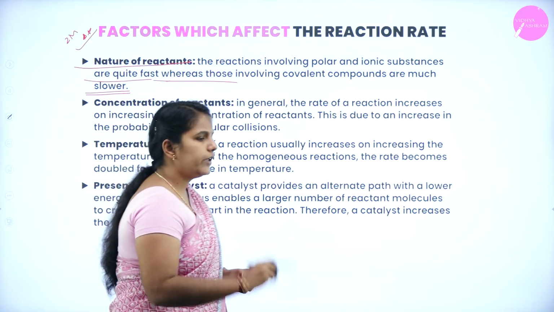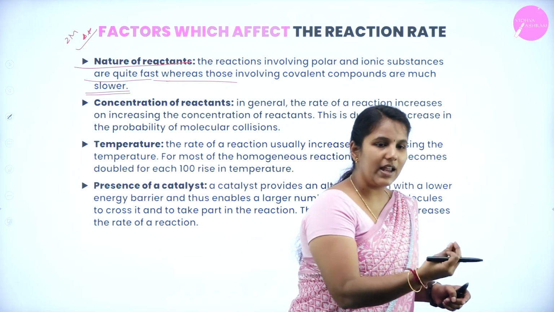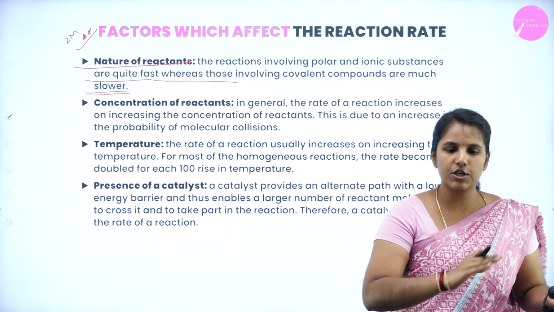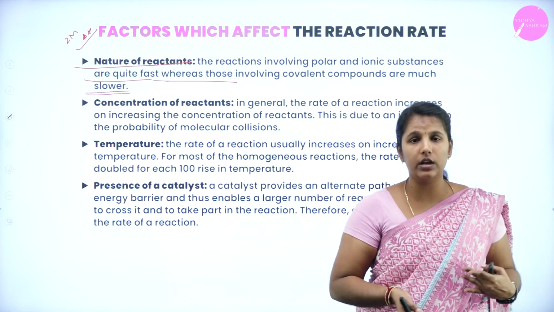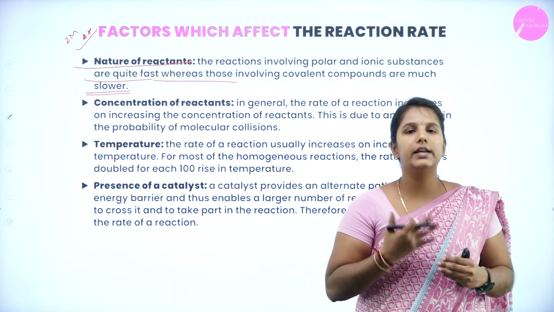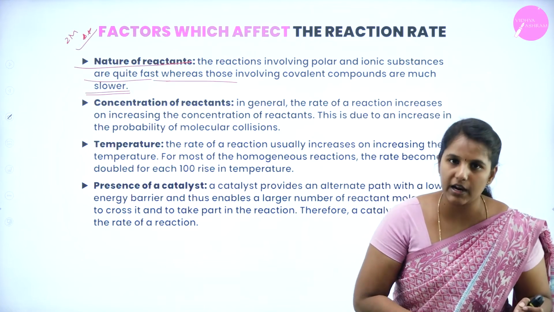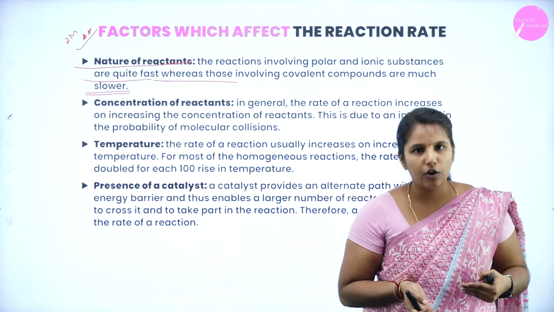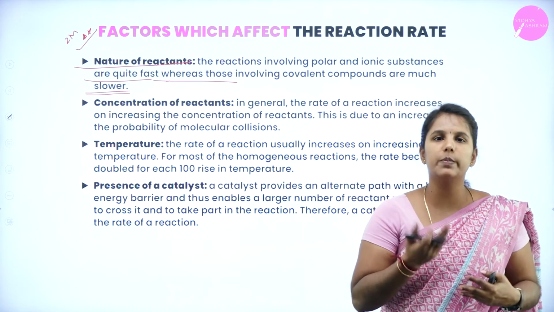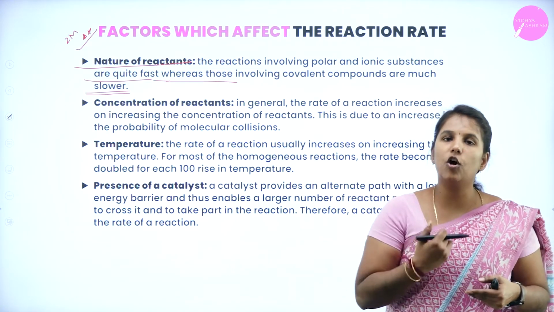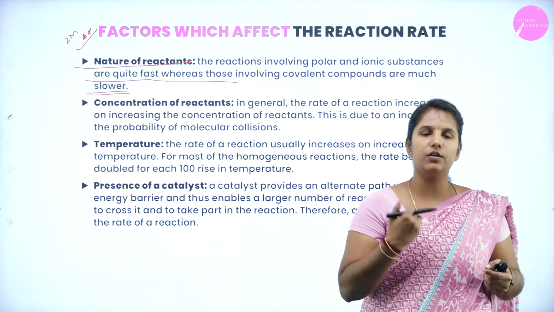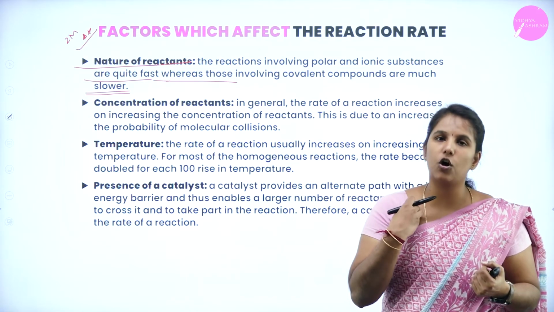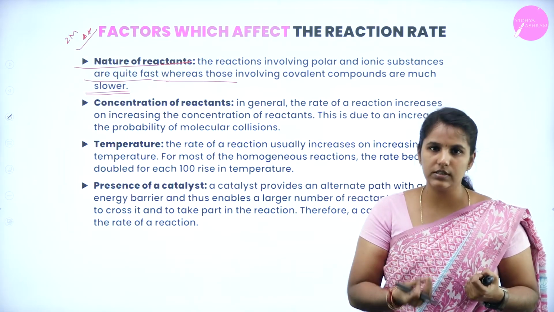Whether the reactant undergoes a fast, slow or moderate reaction, we need to understand first. Later only we can select it for the reactions to happen. Suppose the organic or ionic compounds are there, their reactions will be very fast. Suppose you consider covalent compounds, the reactions are very slow. This is how the nature of the reactant affects the reaction rate.